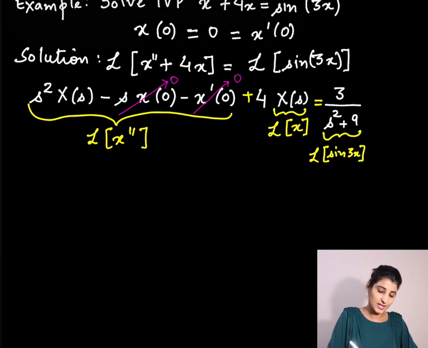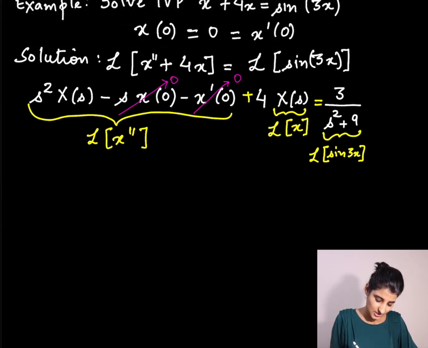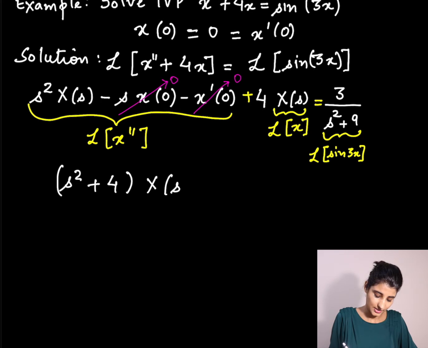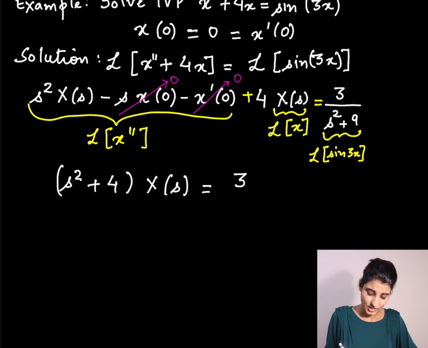So what we are left with is the first term s square X(s), and the last term 4X(s). So we can pull out s square plus 4 times X(s). And this is equal to 3 divided by s square plus 9.